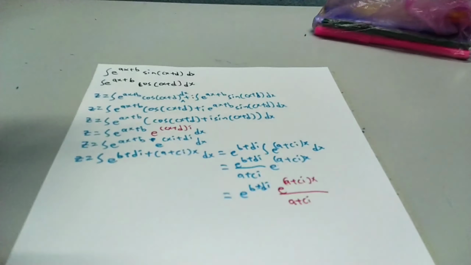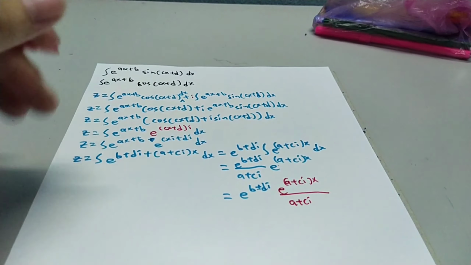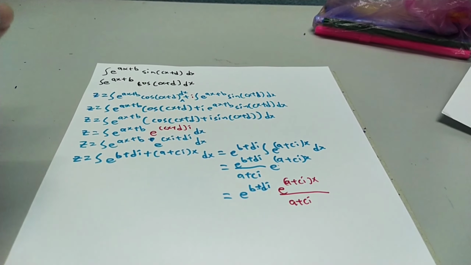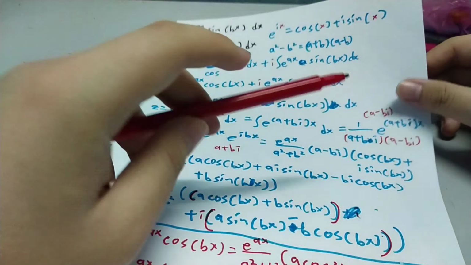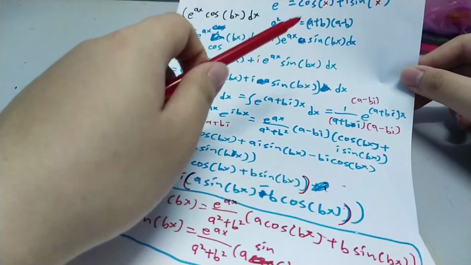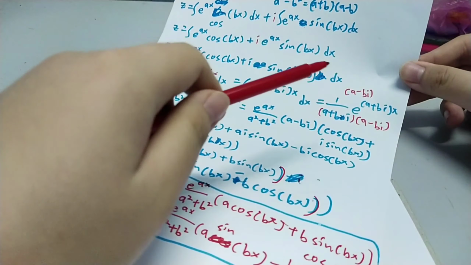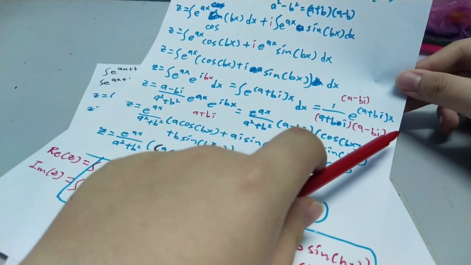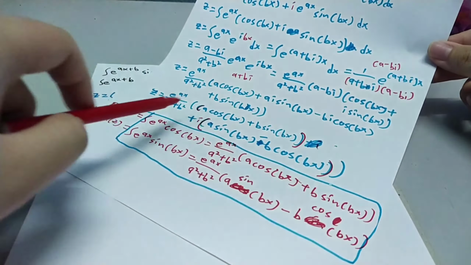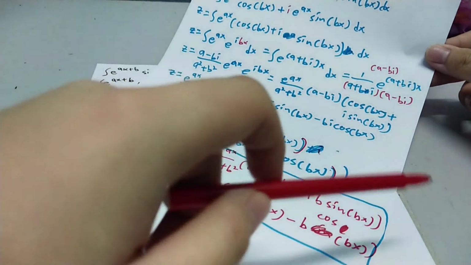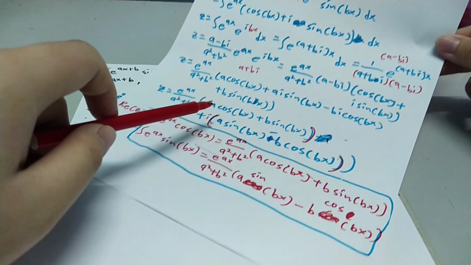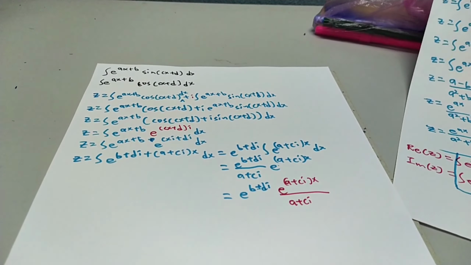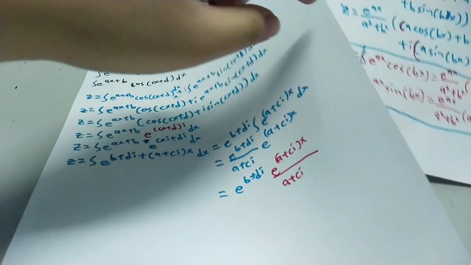If you watched my previous video about solving the previous set of integrals using complex numbers, look at what we got there. This is a paper I got from the previous video: 1 over a plus bi times e to the power of a plus bi times x, which ends up to this. So we are just going to replace b with c, and then this whole thing is going to add up to the similar thing shown here.